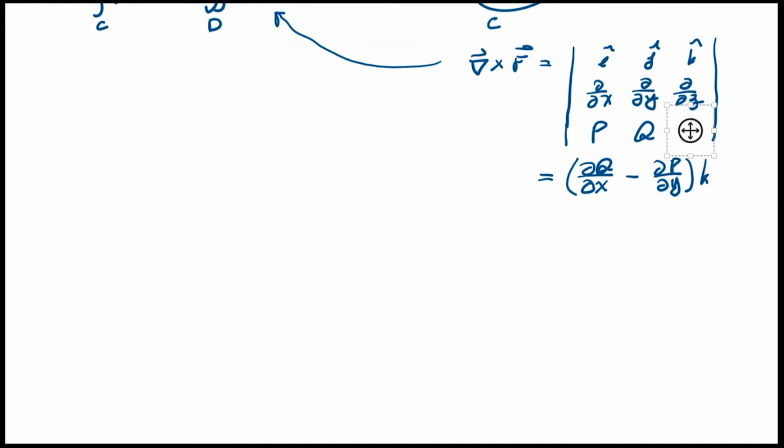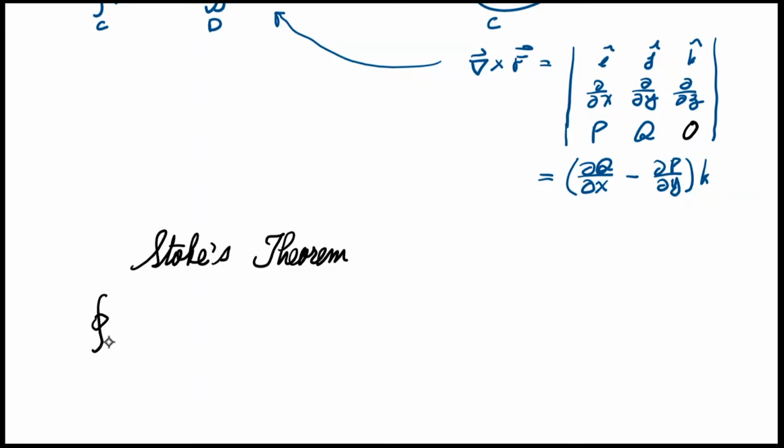So this is Stokes' Theorem. Stokes' Theorem states exactly the same thing. Here's curve C, F dot dr is equal to the double integral over some kind of surface now, instead of region D, and I'm going to tell you what that means, but still the curl of that force dot, now instead of dA, this is dS.